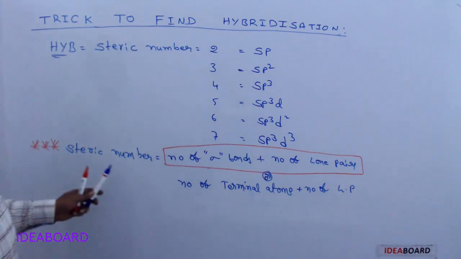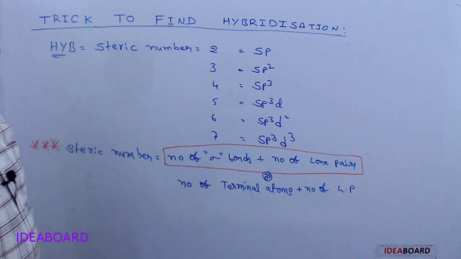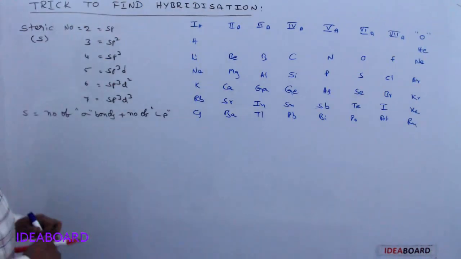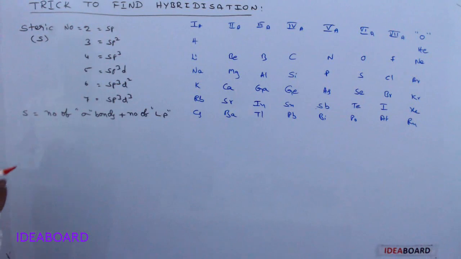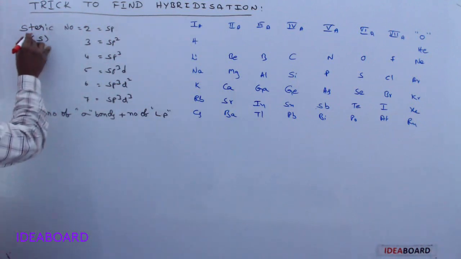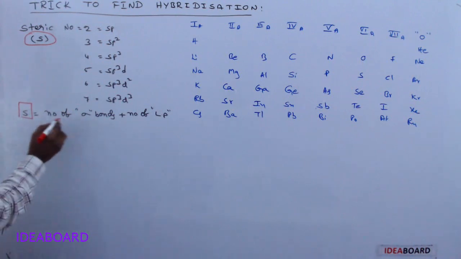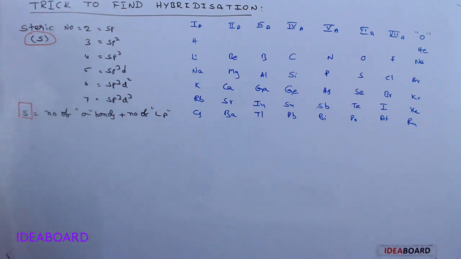How do we calculate the number of sigma bonds or lone pairs in a given molecule? I will give it directly. In finding the steric number, which is considered as the S value, the steric number S is equal to number of sigma bonds plus number of lone pairs.